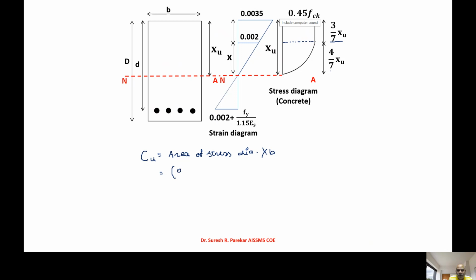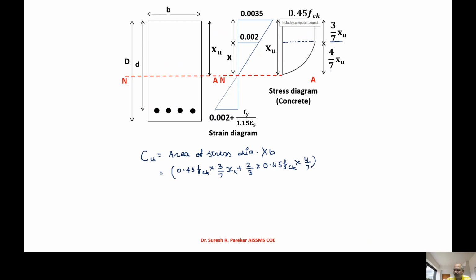So we have 0.45 fck into 3/7 of xu, plus for the parabola 2 by 3 into 0.45 fck into 4 by 7 into xu, and we multiply by b.